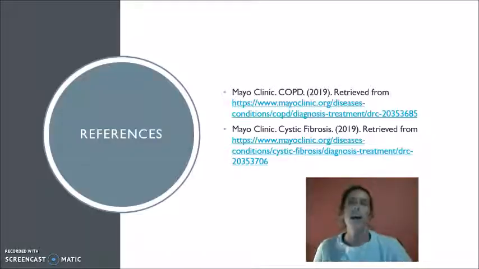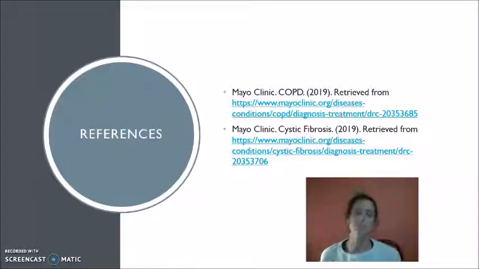So having done research on both of these diseases, I've realized that they have a lot of similarities, but they also have a lot of differences. And I think it's kind of cool, cool in a way, because of all the similarities that they do have. They have a lot of the same symptoms, like shortness of breath, obstructed passageways, damage to lung airways, tubes, ducts, affecting other organ systems in your body.